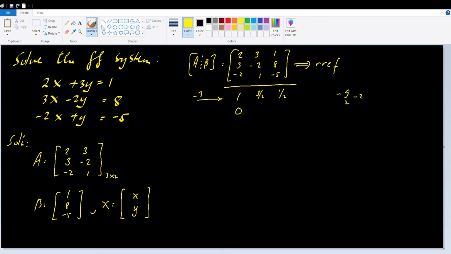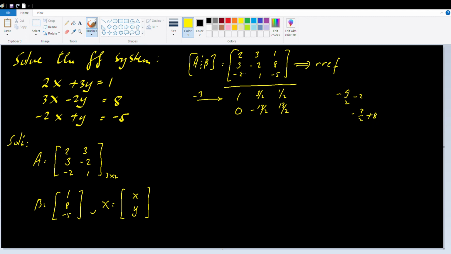That will give us negative 13 over 2. Then negative 3 times 1 half is negative 3 halves plus 8. That will be 16 minus 3. That will be 13 over 2. Okay? So 16 minus 3 is positive 13.